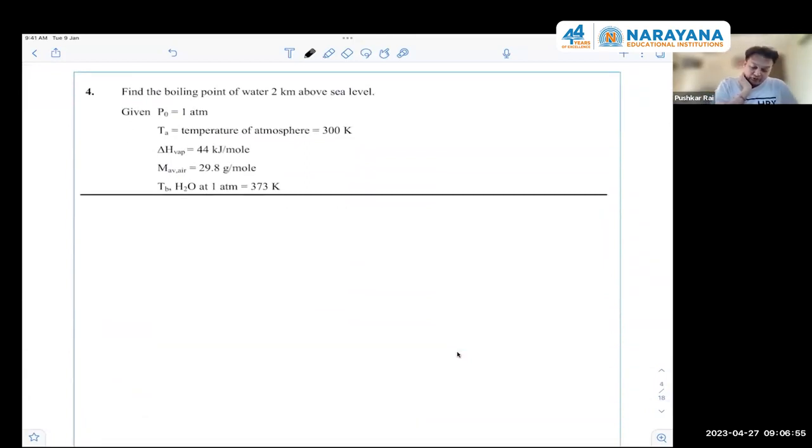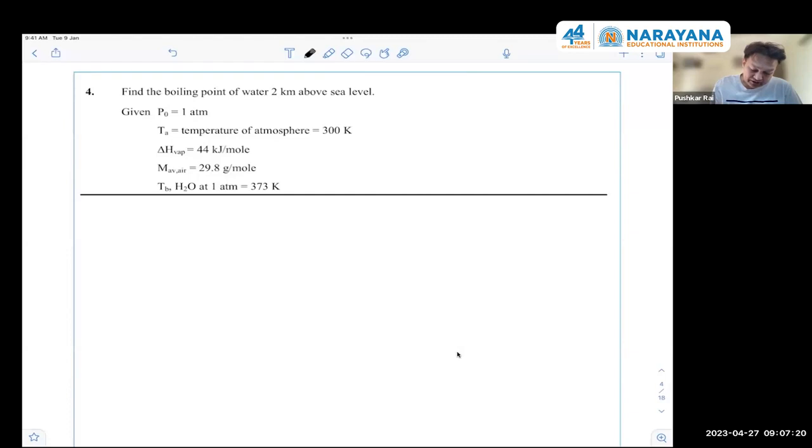Find the boiling point of water 2 kilometers above sea level. When you are at some mountain, what is the boiling point of water? Given P naught is equal to 1 atm. That means P naught means what? Pressure at the ground. TA is equal to the temperature of atmosphere, 300 Kelvin. Delta H vaporization is 44 kilojoules per mole.